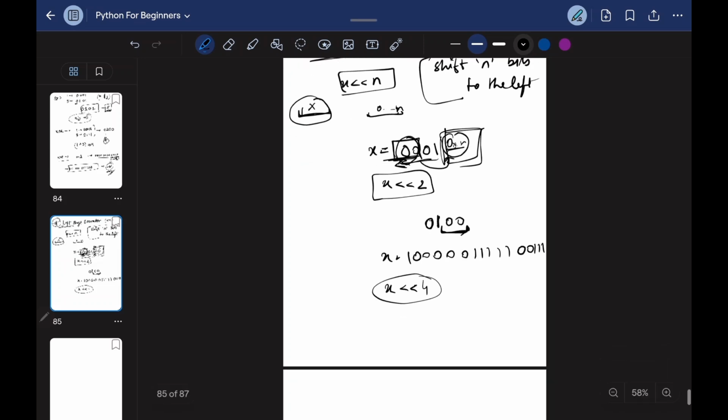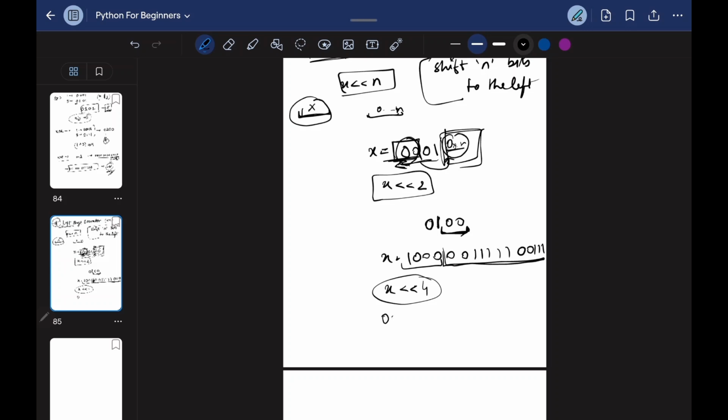What will happen is these 4 will be dropped, and these remaining bits will be kept as they are. So it will be 0011 1110 0111 followed by zeros. As we have removed n bits from the leftmost part, and n was 4, we will be adding 4 zeros at the end. So this will be the new answer.